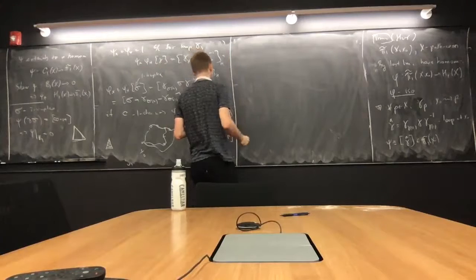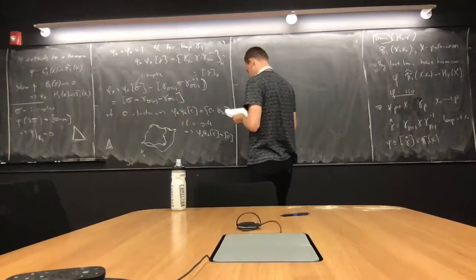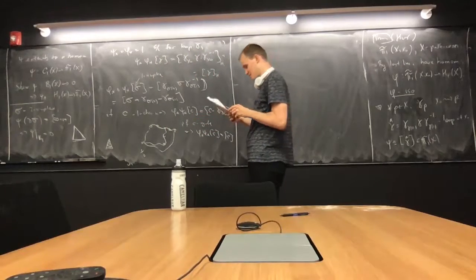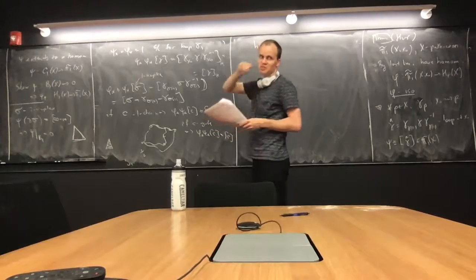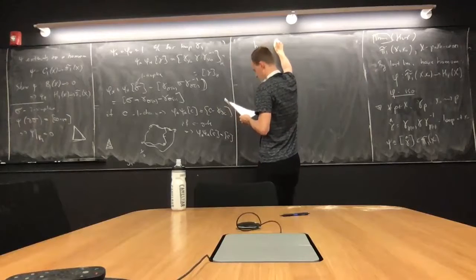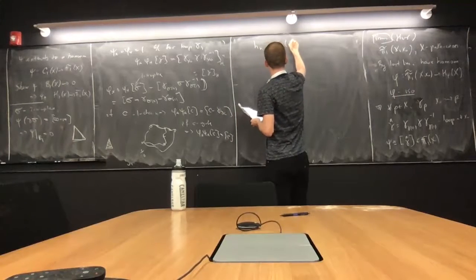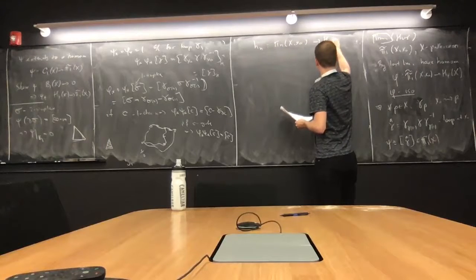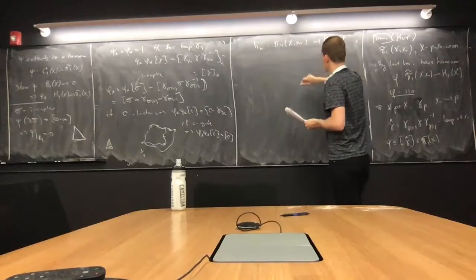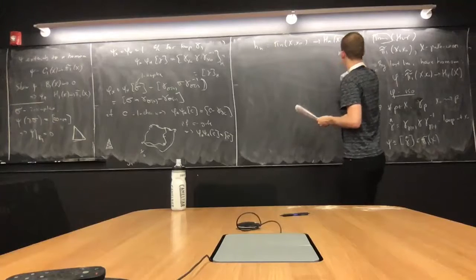In reality, you can construct a similar homomorphism from pi n, and this time you don't need to abelianize anything, into Hn for n at least 2.